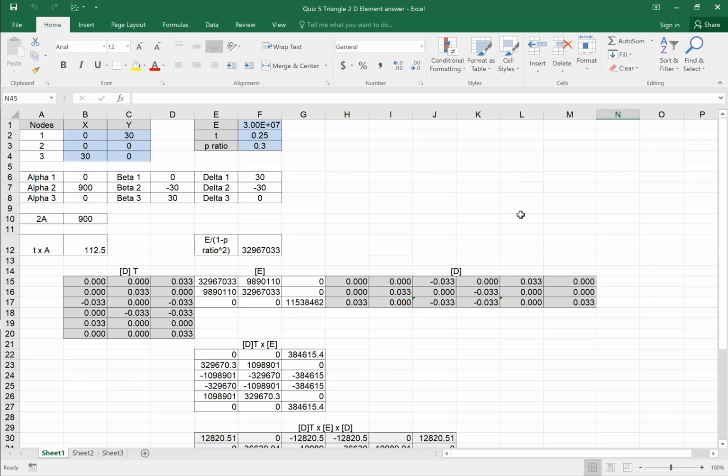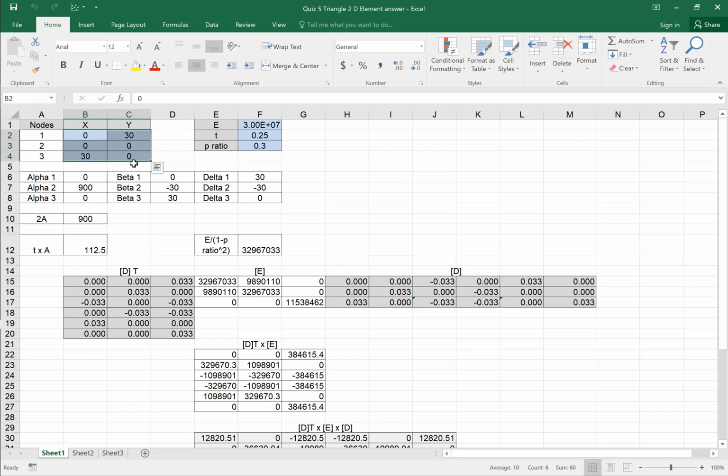So now I'm going to show you how I did mine. Well, most of you did it already. This is how I construct my 2D element matrix. The first quadrant is for your input. All the blue stuff is input.